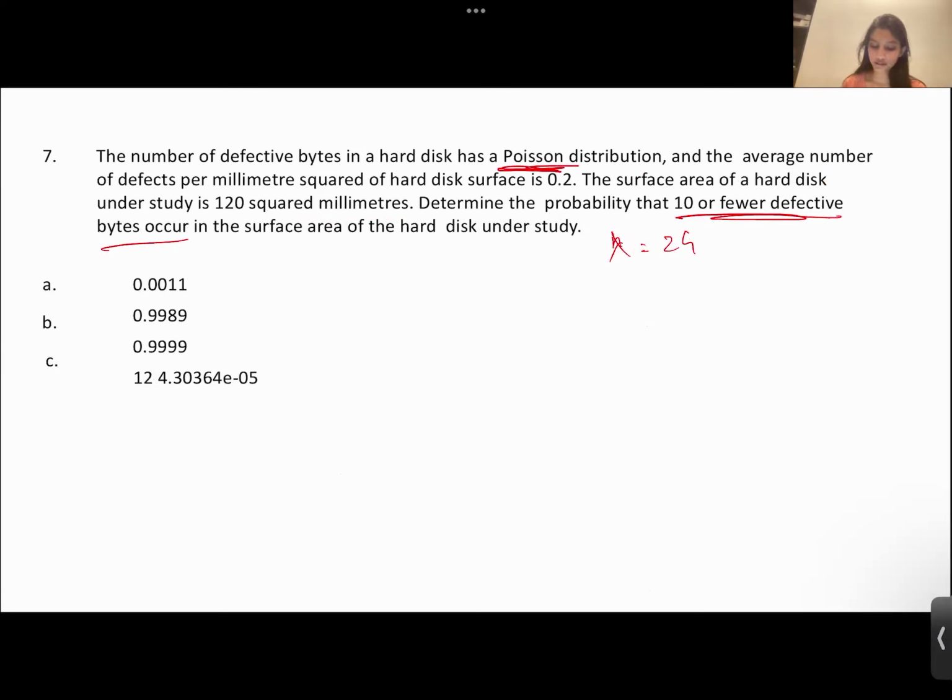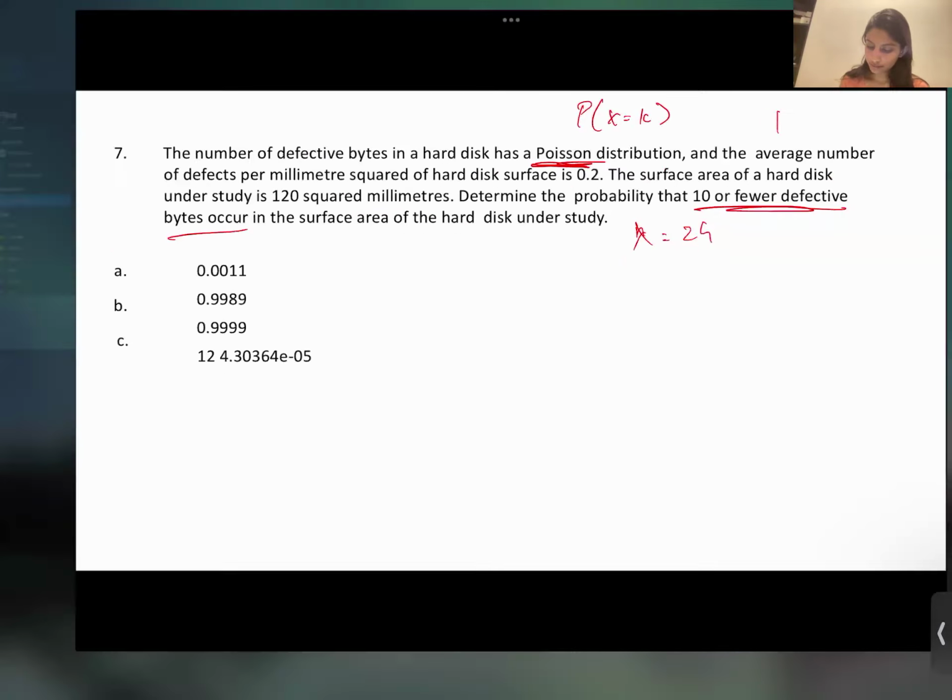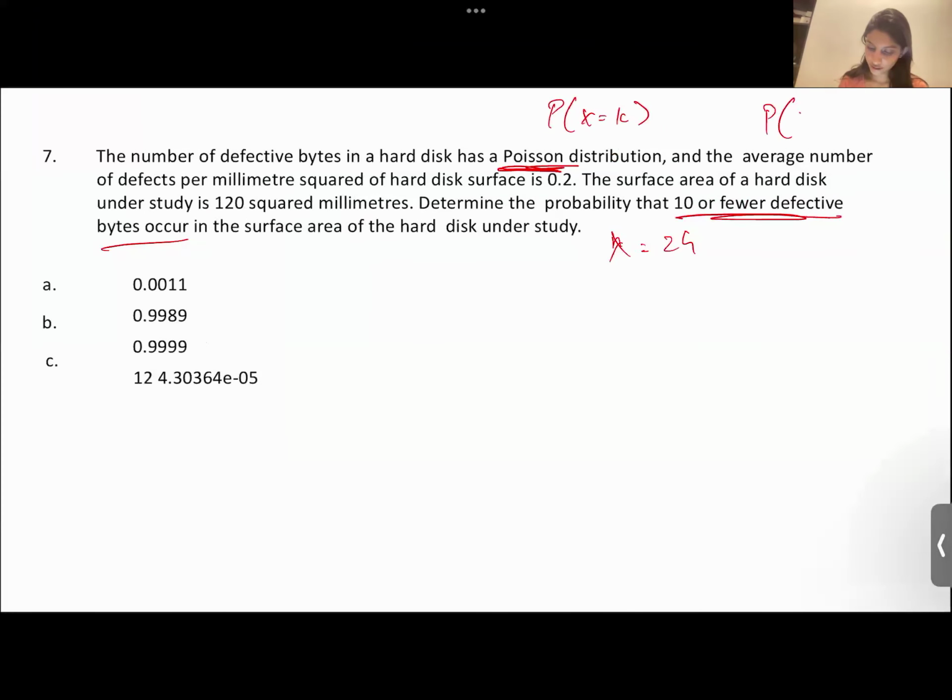So it's given that it's a Poisson distribution. But here, instead of P of X equal to k, it's 10 or fewer. Sorry, P of X less than or equal to k. So let's see what you do in this case.